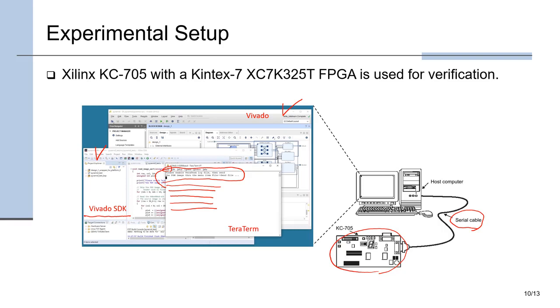And we have provided some scripting tool on the GitHub website, so that the tool will read in the log file, parse it, extract the output image from the log file, and then save the output image into another PPM file. So you can use any image viewer that supports PPM files to open it up to see if the scaled image is correct. And so that's the setup for our experiment.